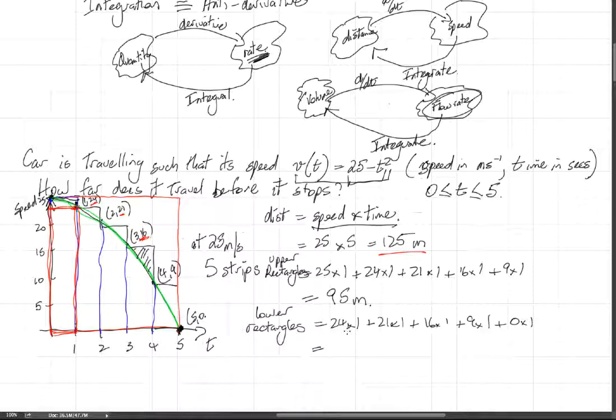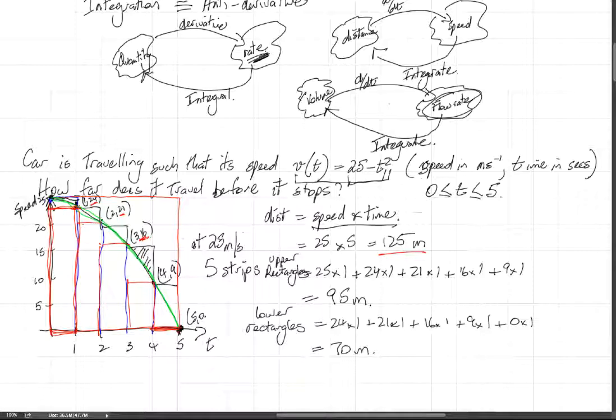And you add those up, and we get 70 metres. Now, once again, that's going to be way under what's actually going to happen. We've done all these lower rectangles. This one doesn't even get a Guernsey here. So once again, it's going to be somewhere in between.